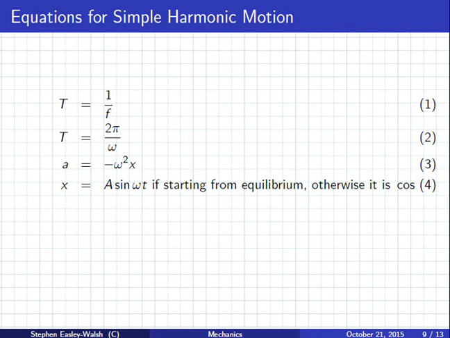But if I have my spring, and I just knock it, I don't move it, I just give it some force to make it start moving, then I use cos. Those might seem similar, but they're different. The first one, I do it slowly. I push it down, I hold it, I let go and it starts to move. I use sine. But if I give it some speed, then I use cos instead.